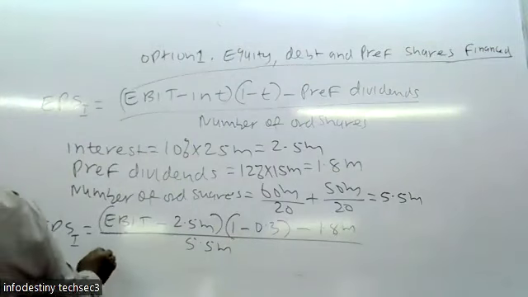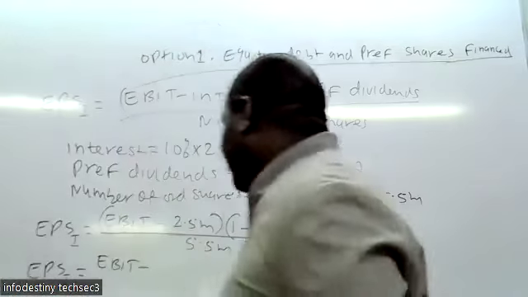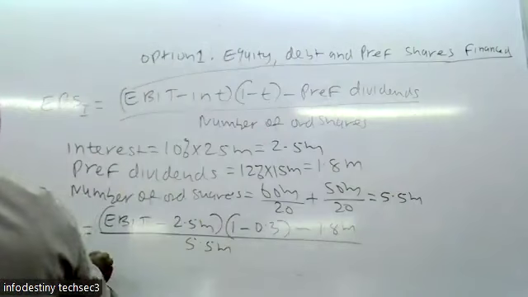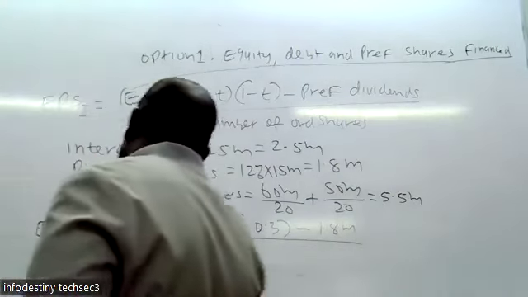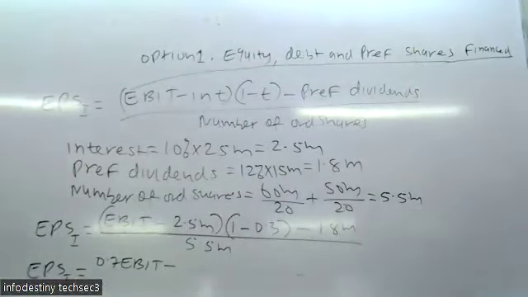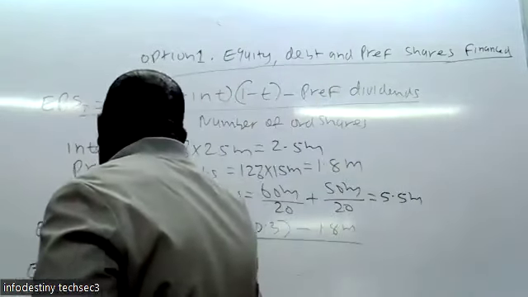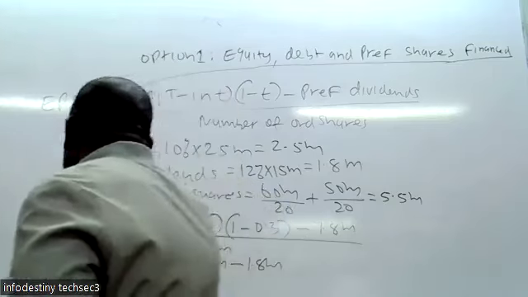So finally, earning per share at that point will be, when you open the brackets, 0.7 earnings before interest and tax. When you take 2.5 million and multiply by 0.7, you get 1.75 million, also minus 1.8 million.